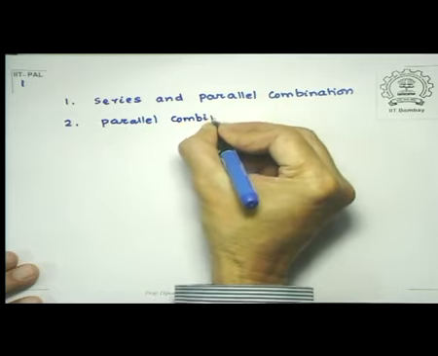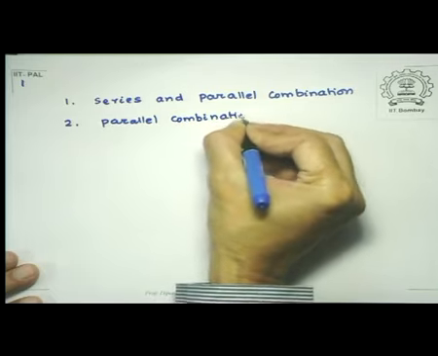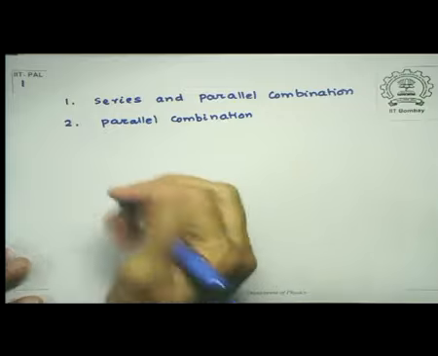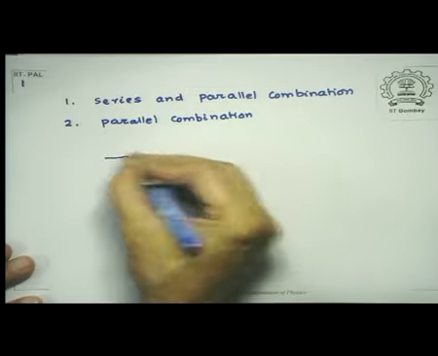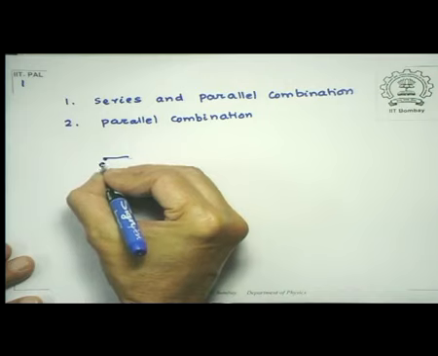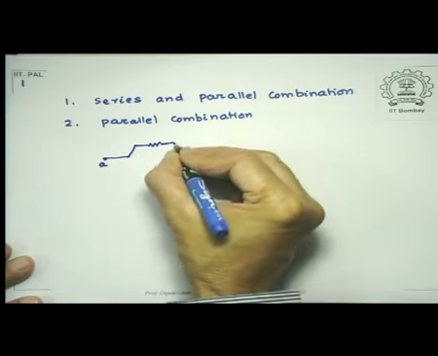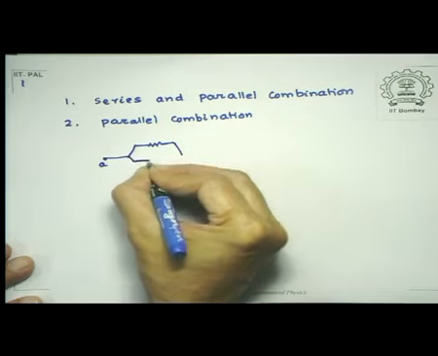as a collection of resistances in which the arrangement is such that the voltage across any member of the combination is the same. So the way it works is this. Supposing this is a point A, so I have one resistance here, another resistance here.